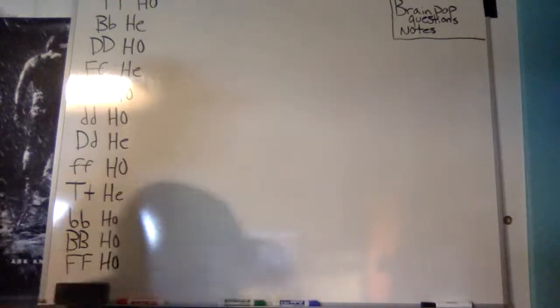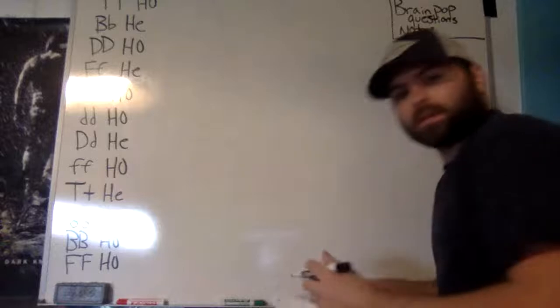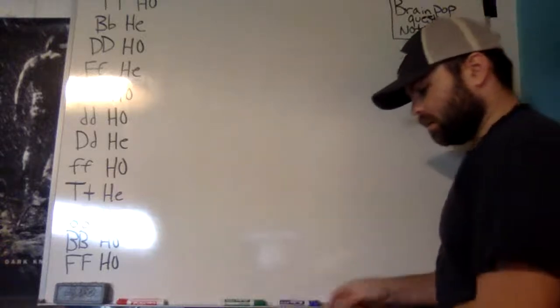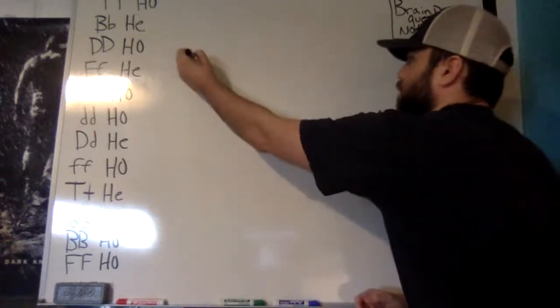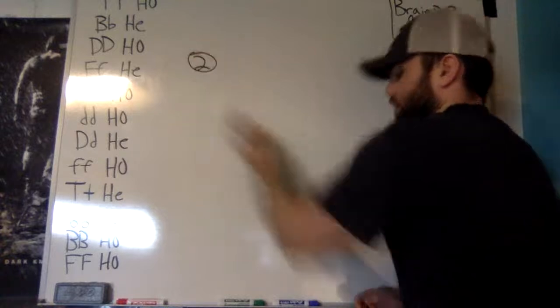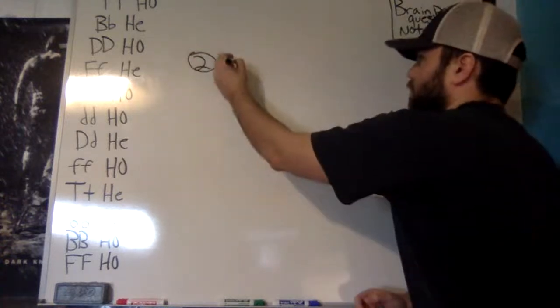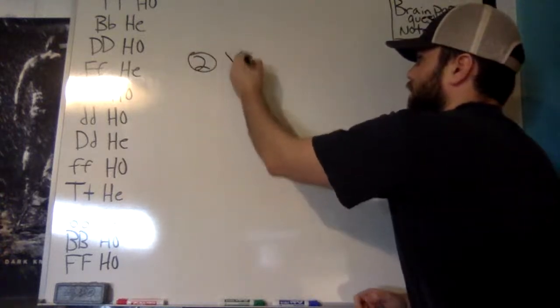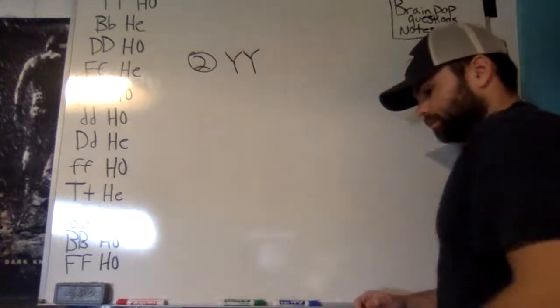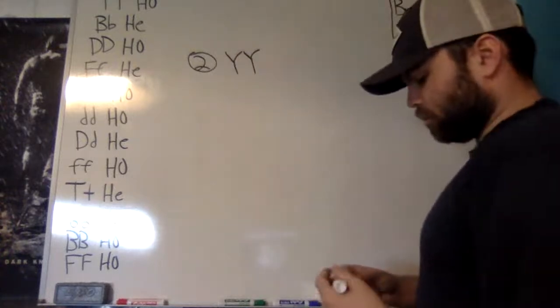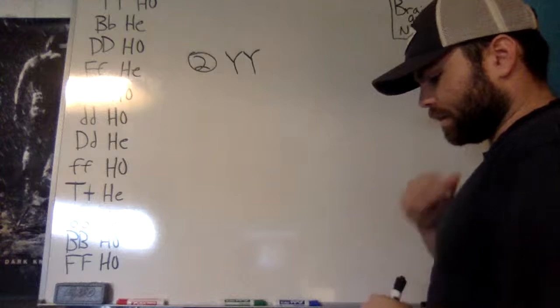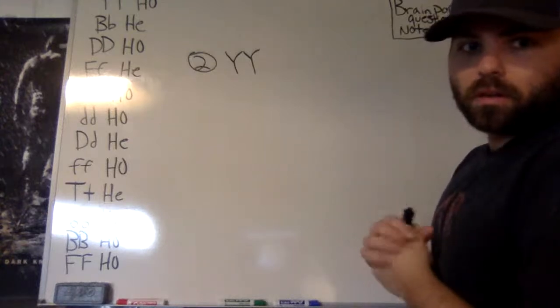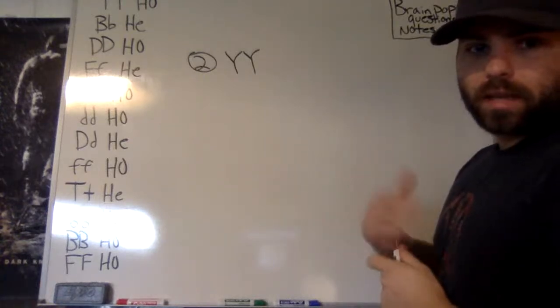So I'm going to move over here really quick. Hopefully I'm out of your way. For number 2, it gives you capital Y, and it tells you that yellow body color is dominant to blue. So wherever you have an uppercase, it's going to be blue.